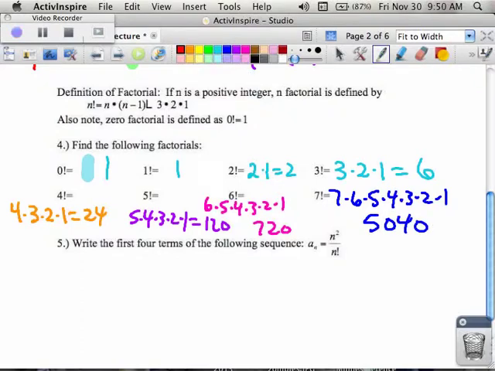Let's try it now. How many terms are we going to write? First four. A sub 1 is going to be 1 squared over 1 factorial, which is 1 over 1, 1.